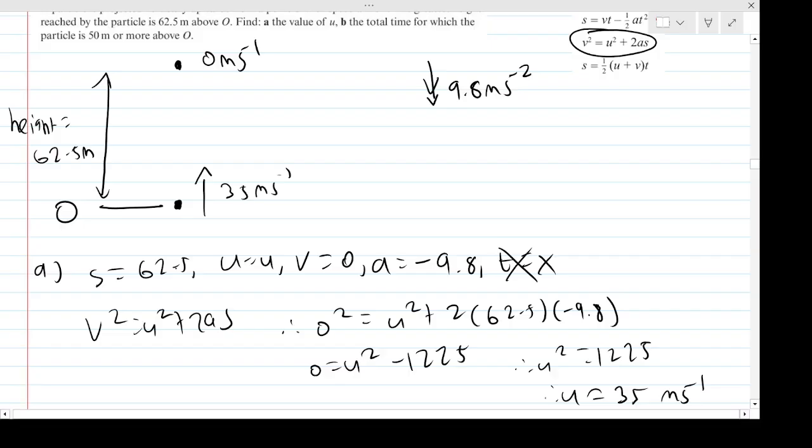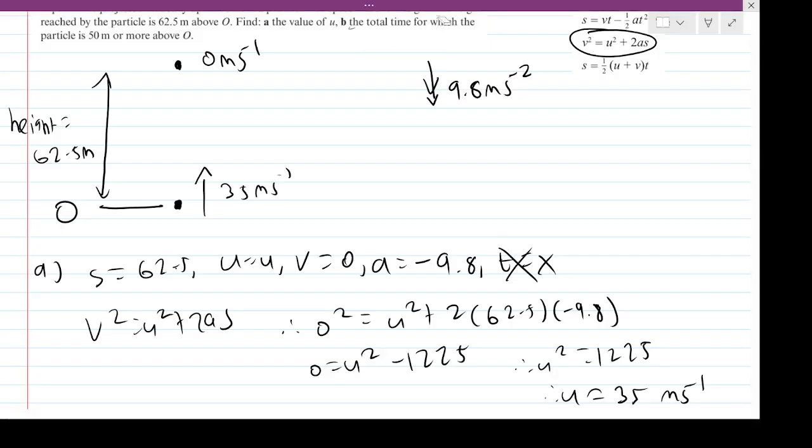Then in part B, it asks for the total time for which the particle is 50 meters or more above O. We know the maximum height is 62.5 meters, but it wants specifically the time when it's 50 meters or more above O. If I create another level here at 50 meters, the particle will move up, and then come down to the same level.